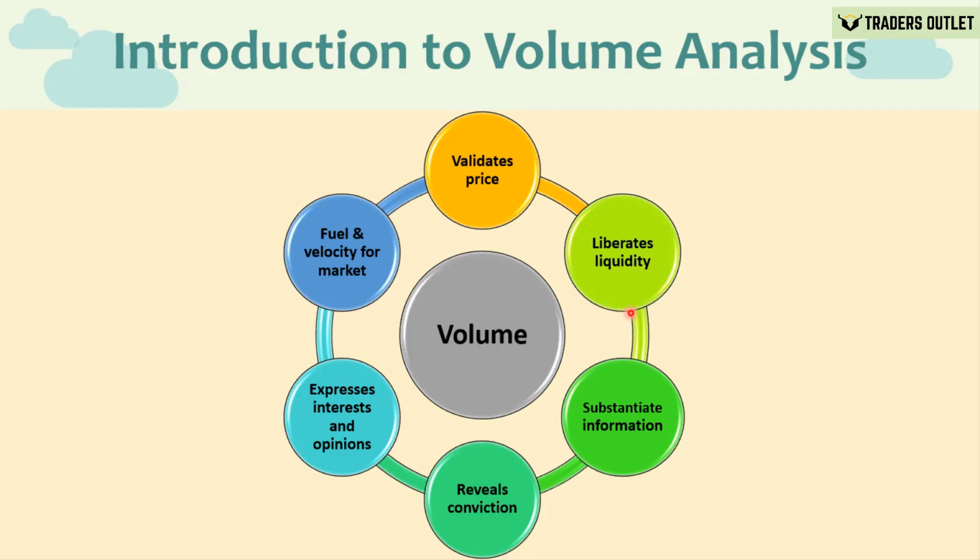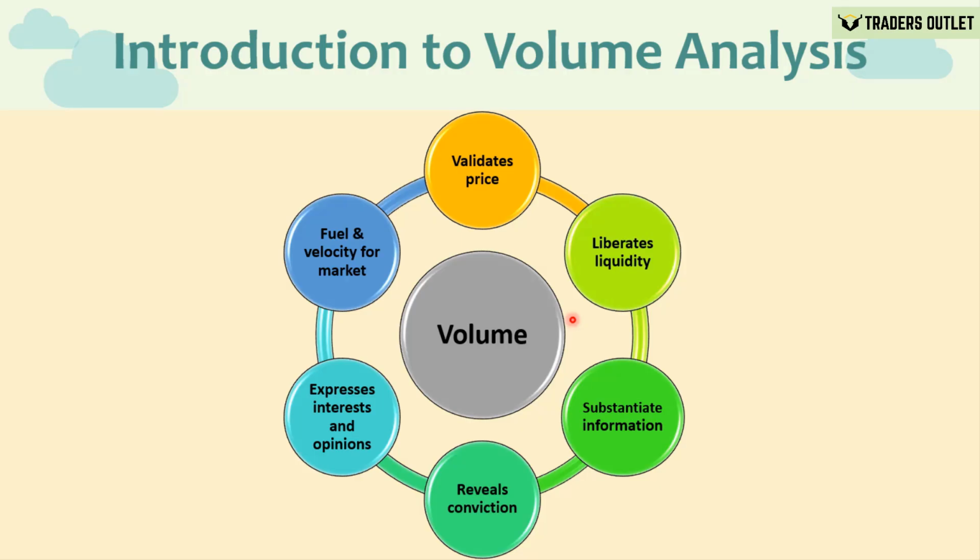If that breakout is not supported by average volume, let's say the shares traded on the day when the breakout happened were barely 200, which is considerably lower than the average volume, then we can say that the breakout may be a false breakout and the prices may revert back to the flat trading range or the channel in which the prices have been traded so far.